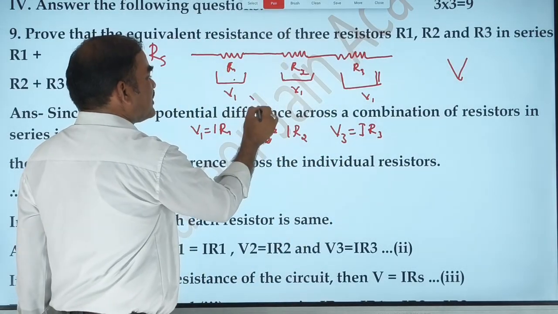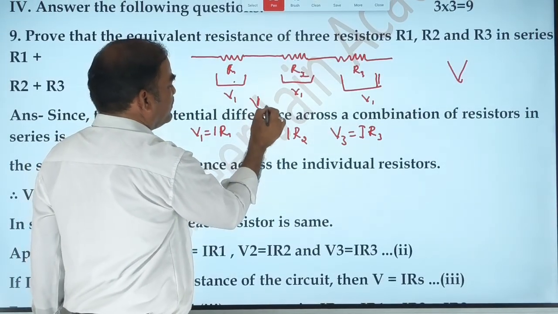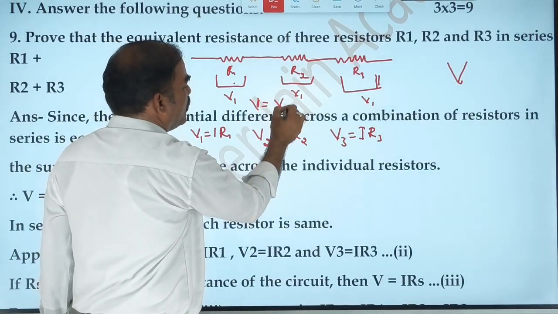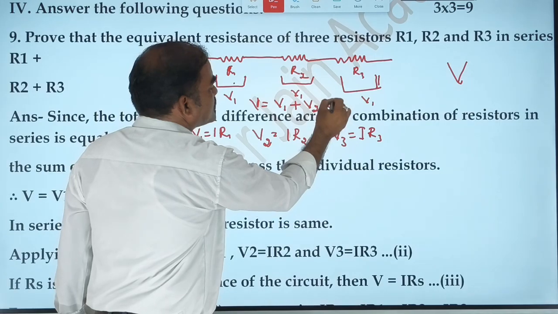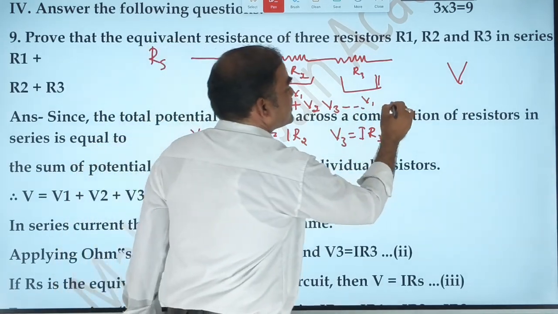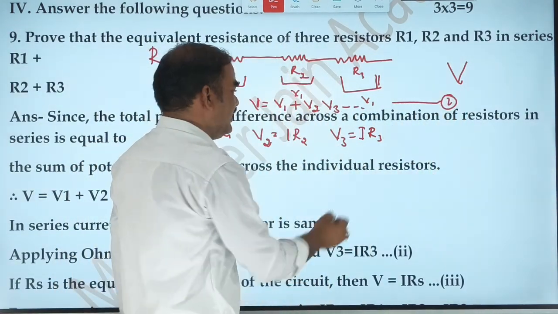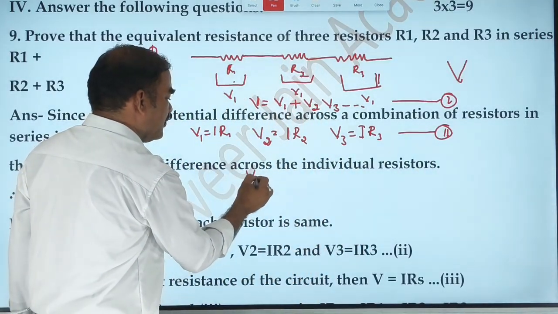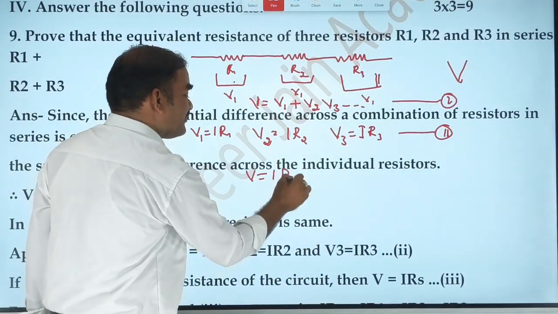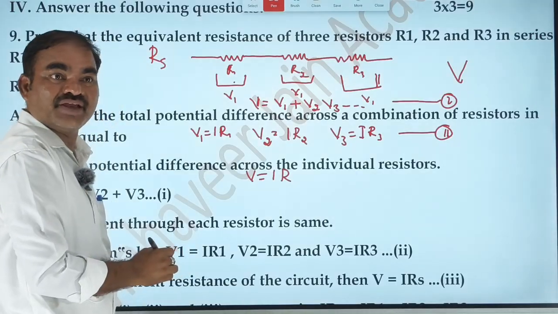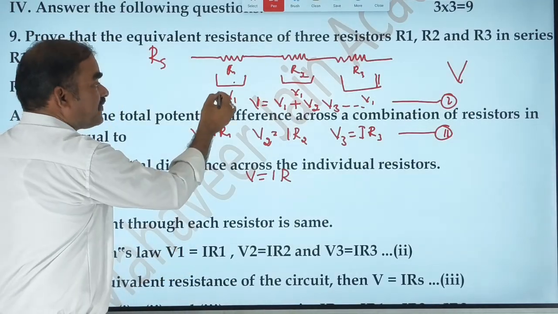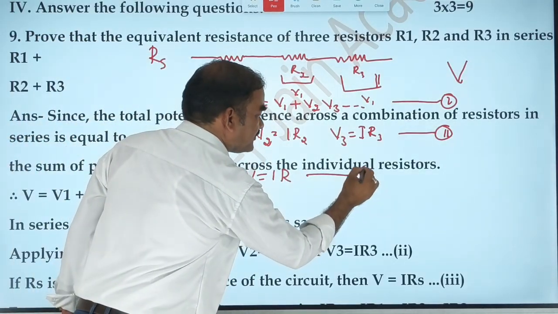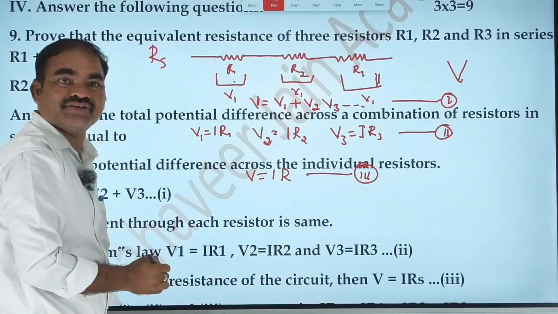Or we can write the sum of the voltages: V equals V1 plus V2 plus V3, and so on. This I will take as equation number 1, this as equation number 2, and the third one is Ohm's law, V equals IR. From equations 1, 2 and 3.